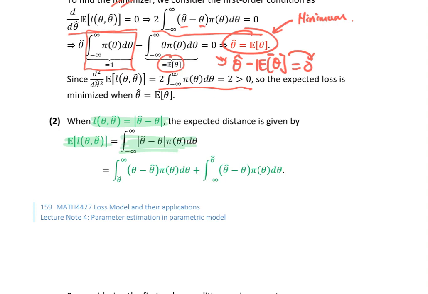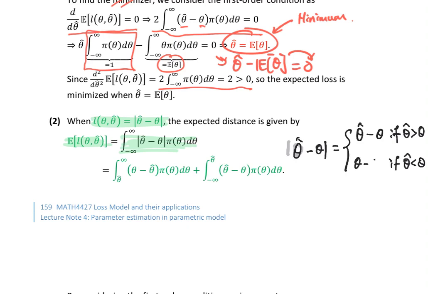Just recall the definition of the absolute value. This is equal to either this, if theta is greater than theta hat, and otherwise, if theta hat is less than theta, which means this is negative, then you reverse the sign.